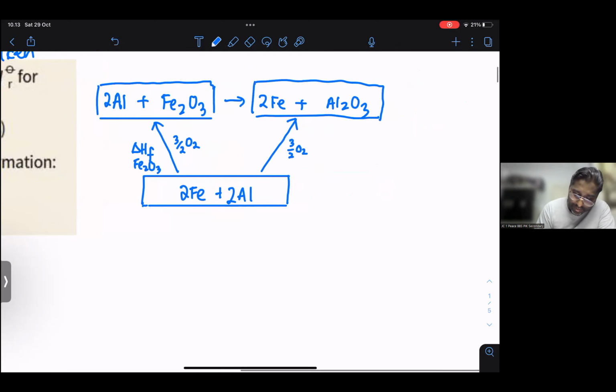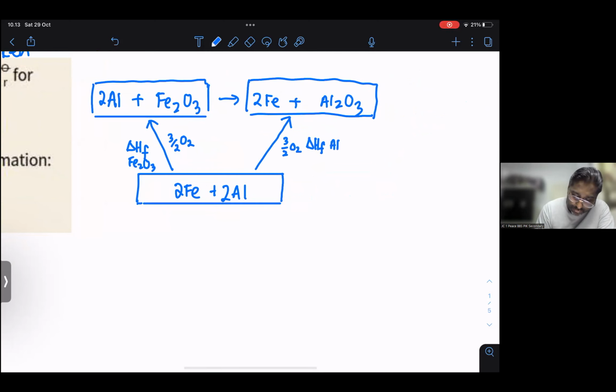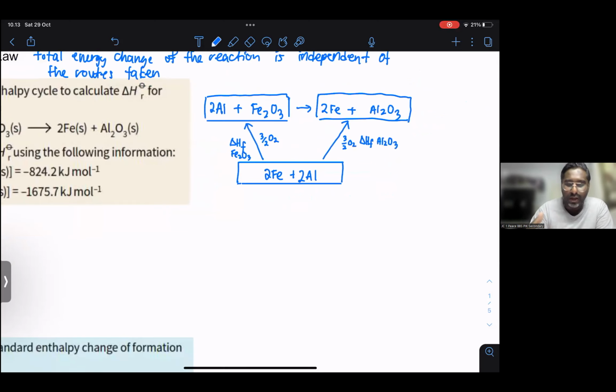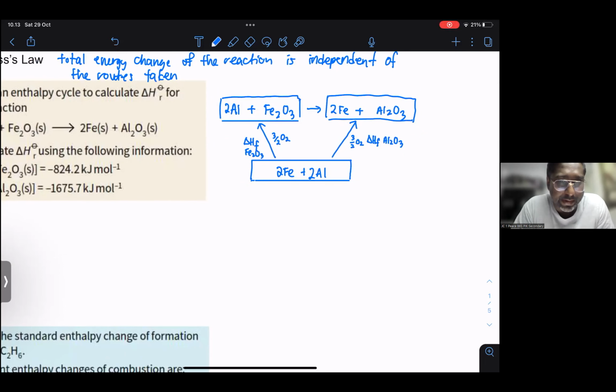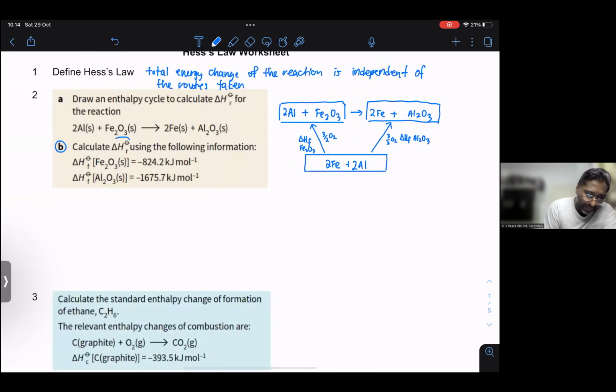And this is going to be the enthalpy of formation of Al2O3. So all the Hess's law will apply over here. This is how you calculate the enthalpy change of reaction using the following information. I told you in Hess's law we have a total of three methods to calculate, and this is the first method, which is by drawing the enthalpy cycle.